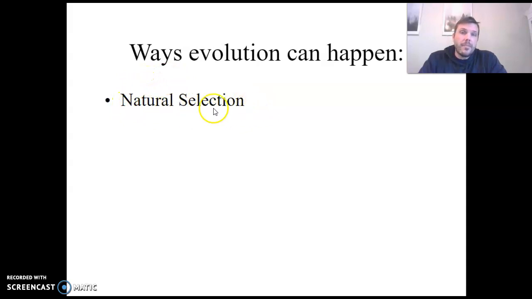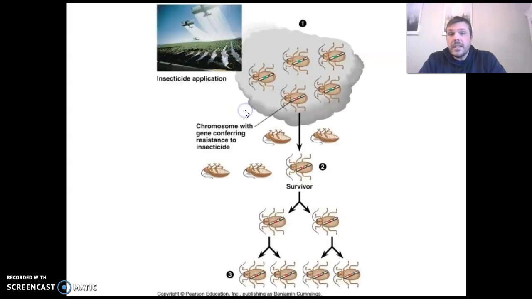So traits that are most well adapted to the environment are the ones that are going to take hold within the species. What are some other ways that natural selection could be shown? Well, here we've got some pests that live in this field, and the farmer wants to get rid of those pests because they're eating his crops, so he sprays the field, and it turns out that one of these bugs, or maybe a few of these bugs, has a gene that allows it to survive that pesticide.